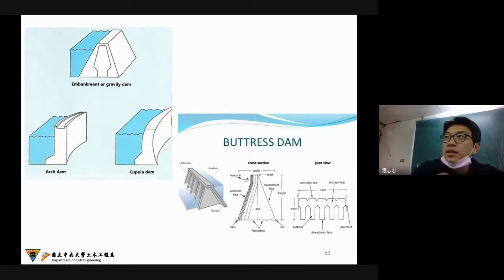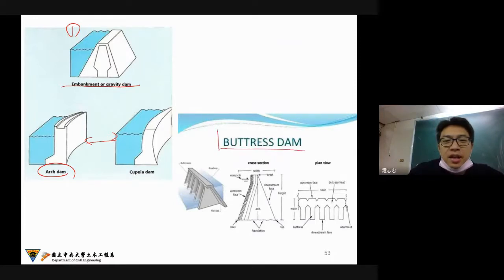The first one, most common to see, is what we call the embankment or gravity dam. The next is the arch dam, which has a different kind of shape, and the other is the buttress dam. We will talk about what they are.